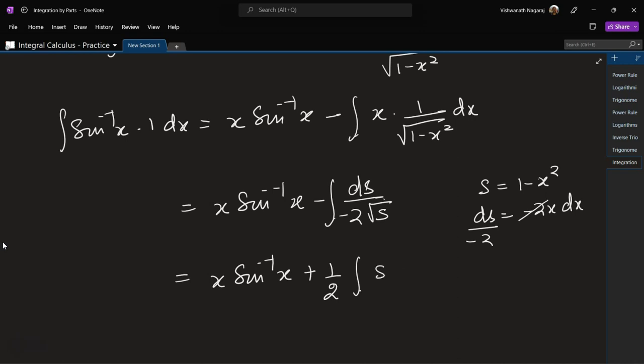So 1 over square root of s can be written as s to the power of minus 1 by 2 ds, because we have brought it up.